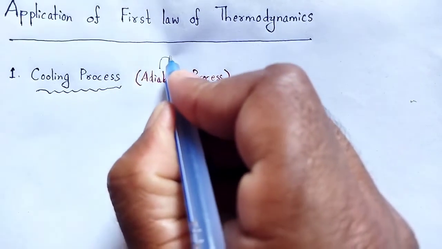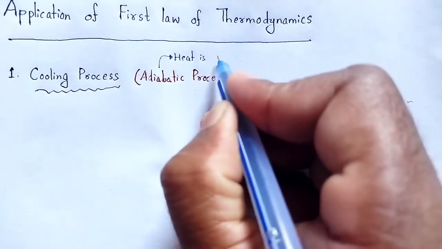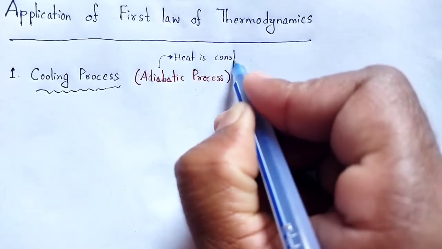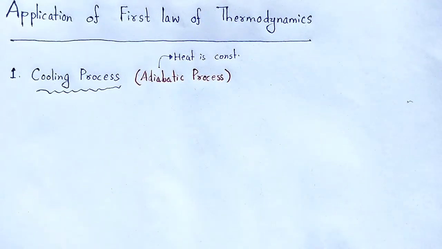Here heat is constant, means throughout the process the change in heat is 0. So how first law of thermodynamics helps in the cooling process, let us discuss.